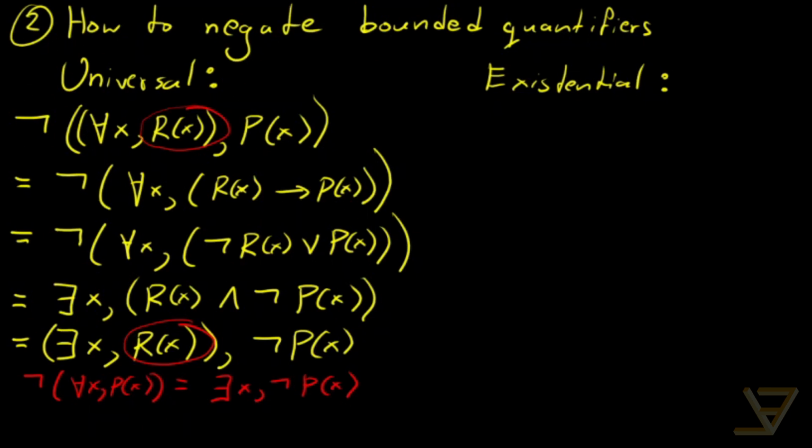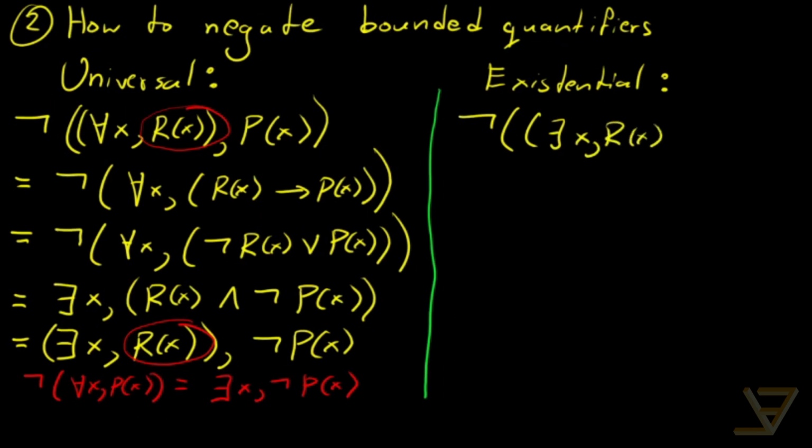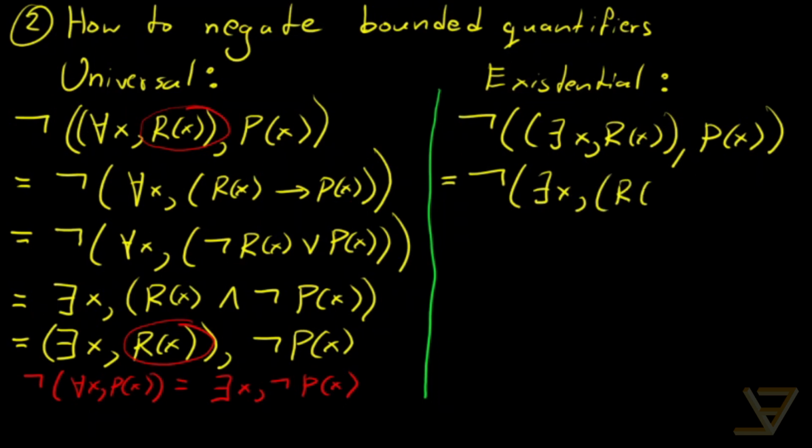Let's see if the same thing happens if we do a negation of an existential bounded quantifier. Let's try it out. We have not there exists an x such that r of x, p of x, and we'll open it up to get not there exists an x such that r of x and p of x.